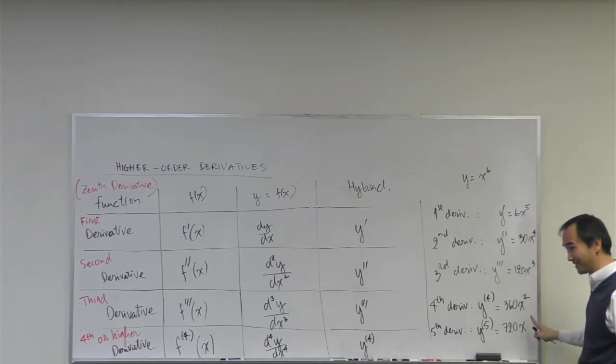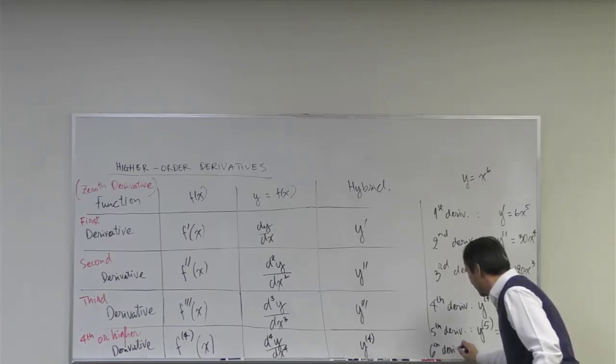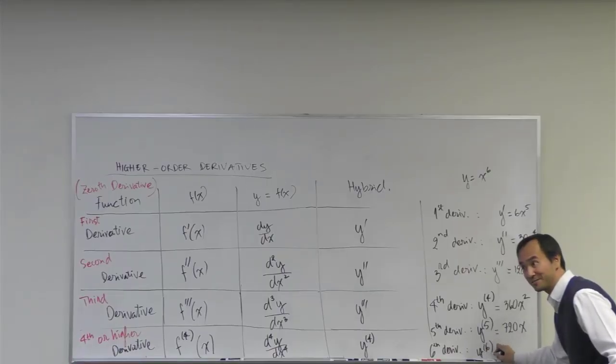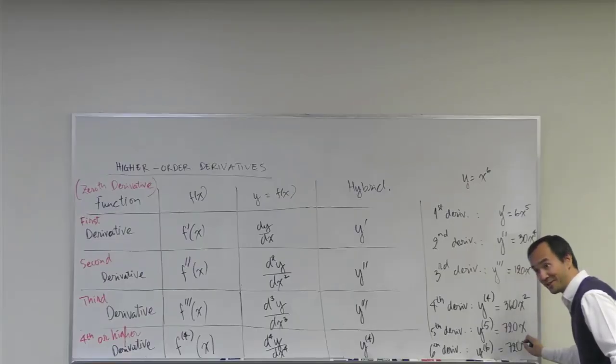And what about the sixth derivative of y? Multiply that, power 1 comes down, so it remains 720, but now it's a constant. Are you guys following?